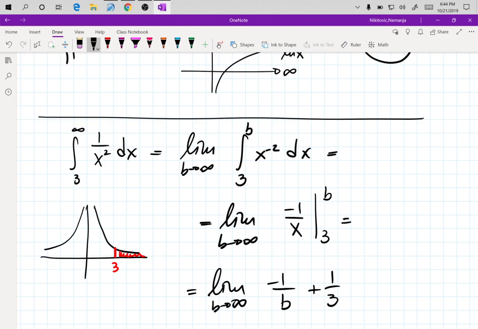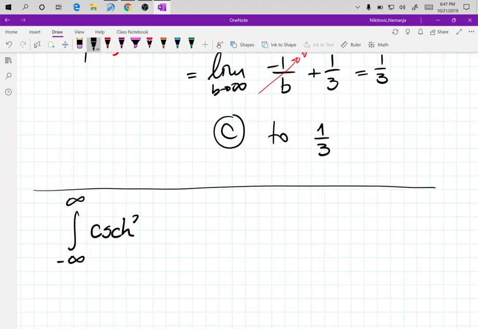What would be a very good example to take a look at? Well, obviously, the integral from negative infinity to positive infinity of cosecant, hold on, because this is going to be cosecant hyperbolic squared x dx.